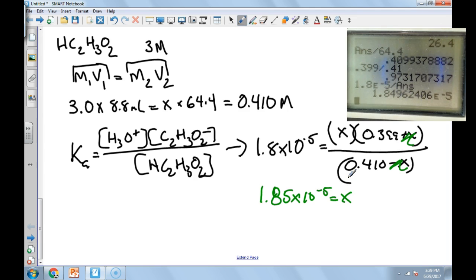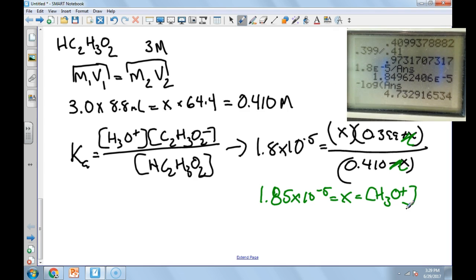We're not quite done there because that is just the concentration, and the problem asked for us to calculate the pH. So we have to take the negative log of that, and when we take the negative log of that, we get a pH of about 4.73. Okay, and that's the pH of the buffer solution.